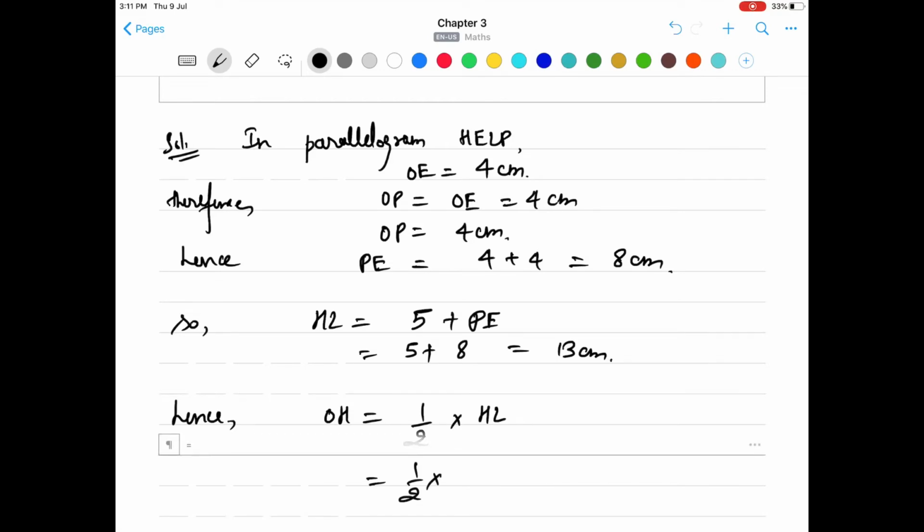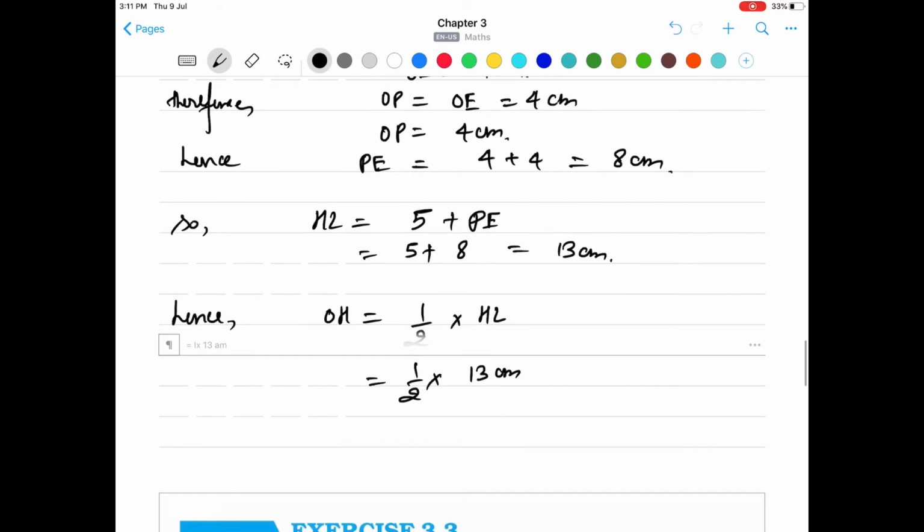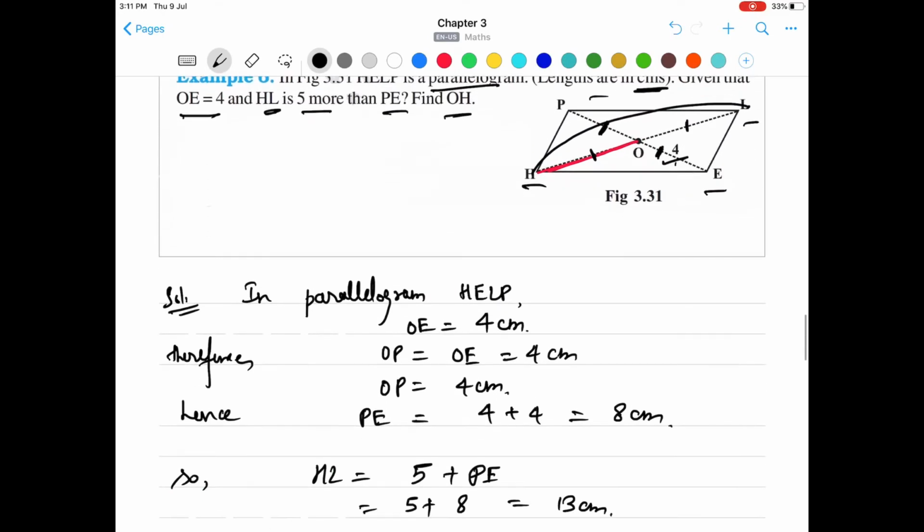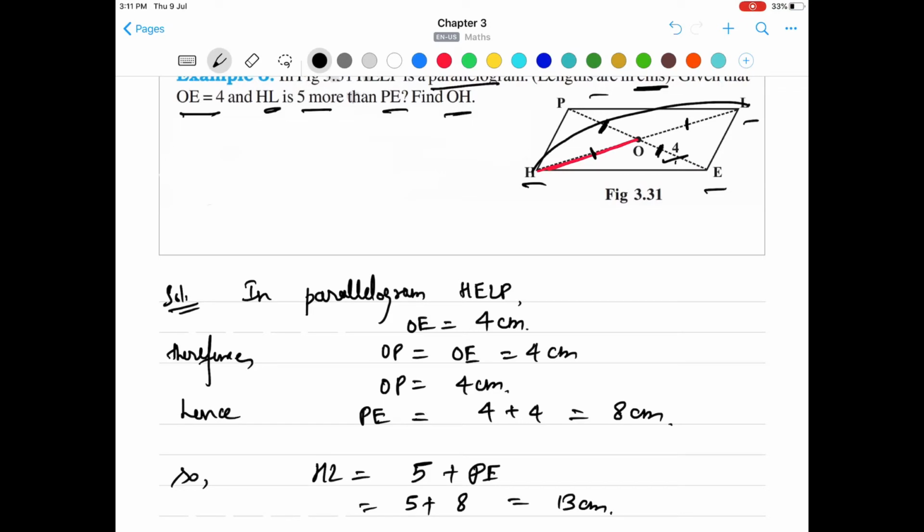That means 1 by 2 into HL, which is 13 centimeter. So 1 by 2 multiplied by 13 centimeter will give us 6.5 centimeter. Hence OH is equal to 6.5 centimeter. So that's the solution of example number 6. With this we have finished all the examples before the exercise.